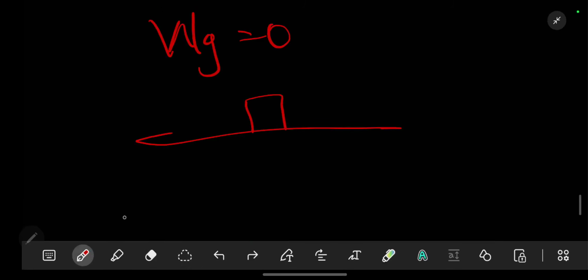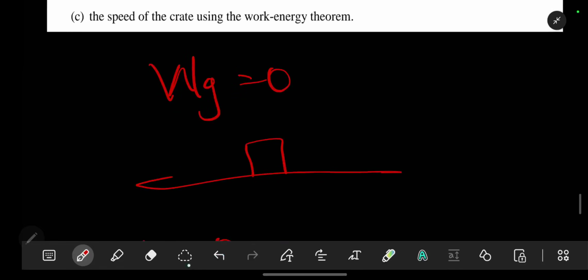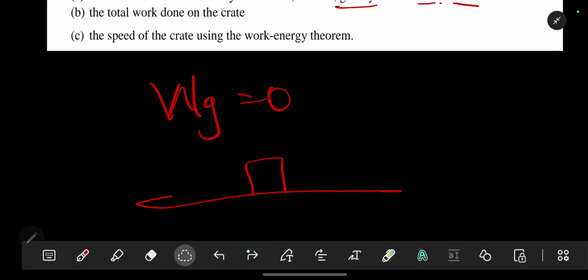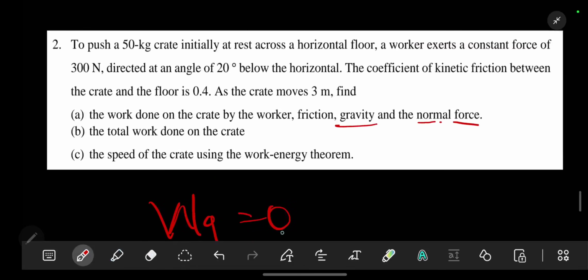Likewise, the normal is the contact force, and the work done by the normal should also be equal to 0, because it is not changing its point of contact. Therefore the work done by the normal is equal to 0.